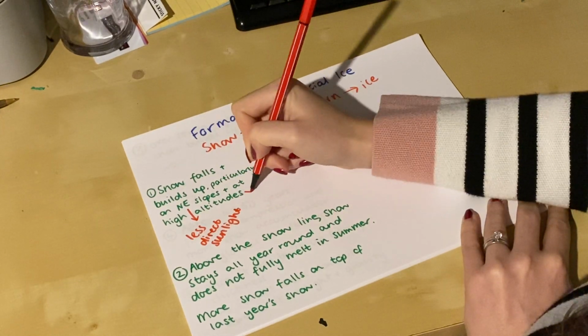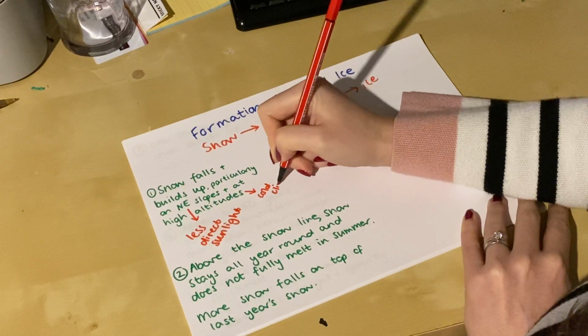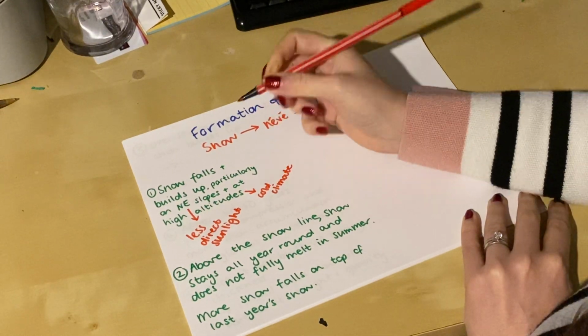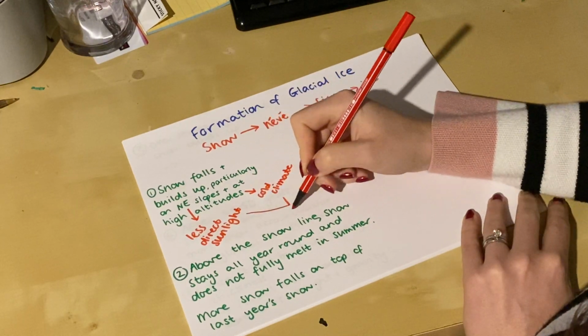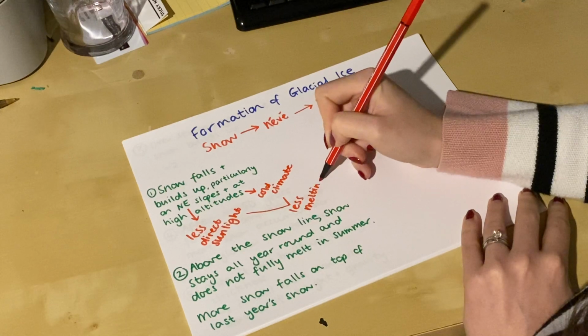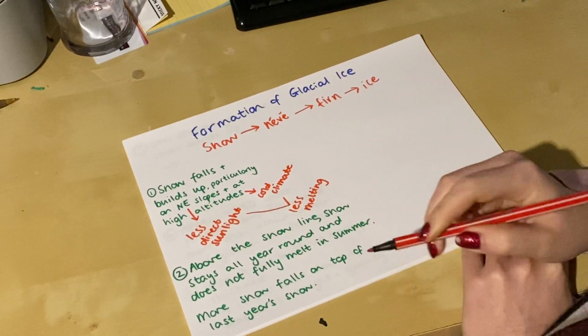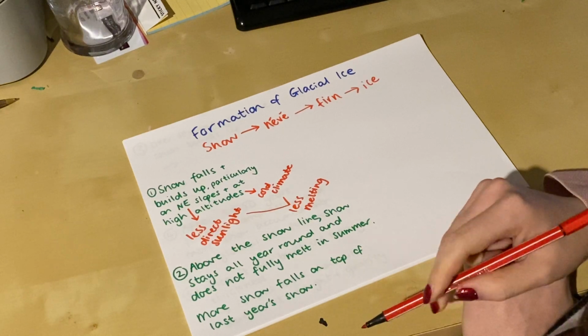And at high altitudes, obviously it's colder, a colder climate. And when we combine the cold climate and the less direct sunlight, that essentially means we have less melting. So snow particularly tends to build up in these areas because there is less melting, and that means the snow therefore stays all year round.